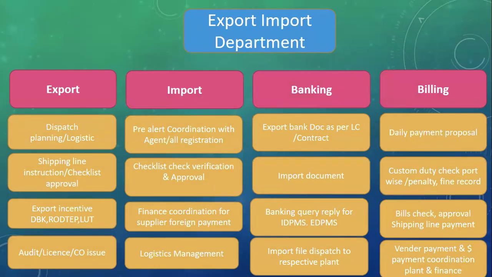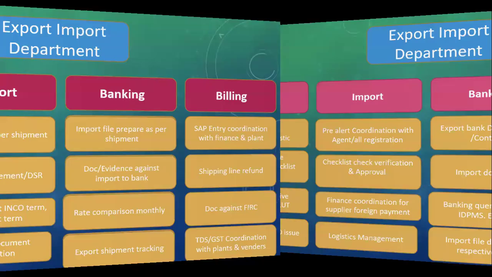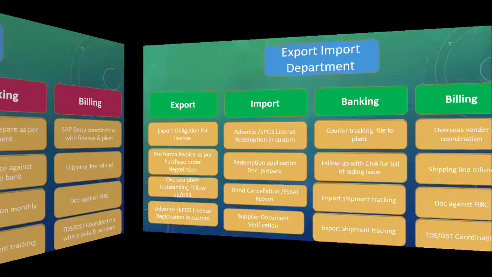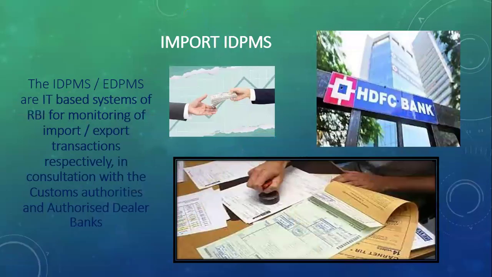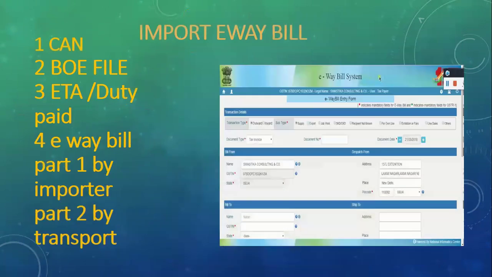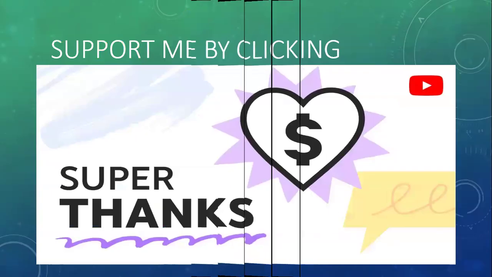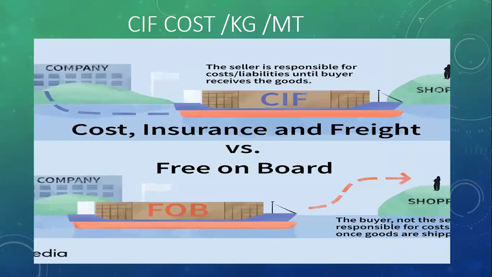Finally, this document goes to the customer, and the customer needs to hand over this document to the CHA, the freight forwarder, and they will take the delivery from the shipping line after paying the terminal handling charges and other expenses, such as delivery order charges. So this is the process by which we understand the export activities.